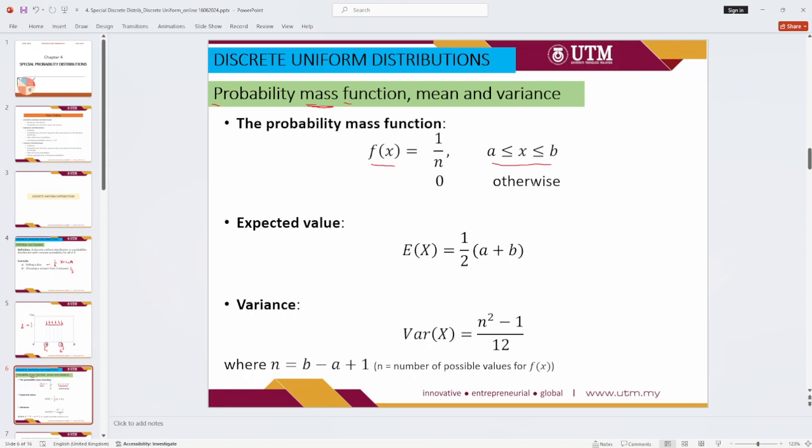For example, if we roll a dice again, I really like the dice example, f(x) would be equal to 1 over 6. If you roll 1 dice, the probability of you getting any number from 1 until 6 would be 1 over 6, and it would be 0 otherwise.